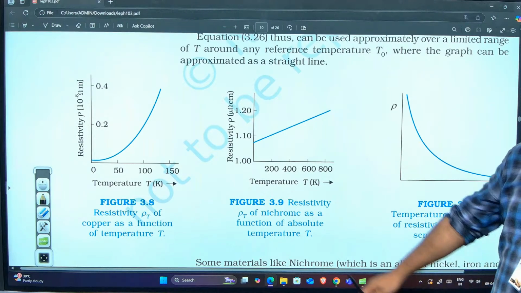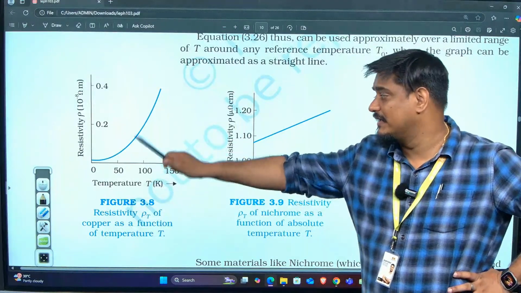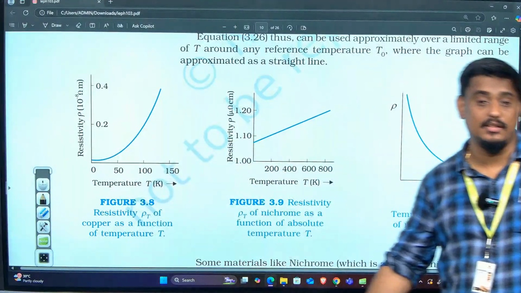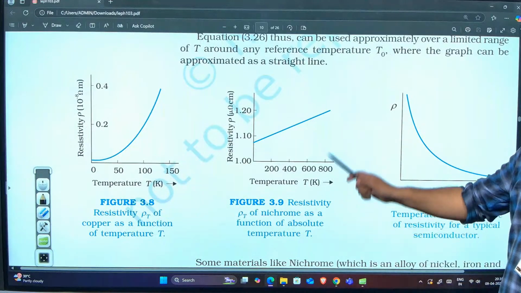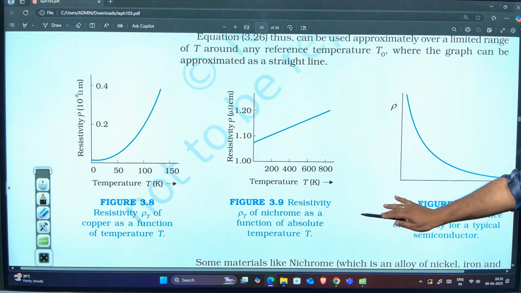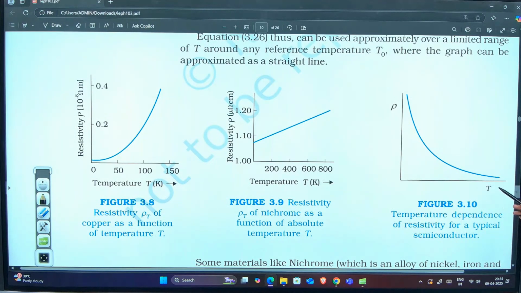So remember that this is the behavior of resistivity with temperature for conductors, for metals. This is the behavior for alloys, and this is for semiconductors. It is a very important graph given in the book.